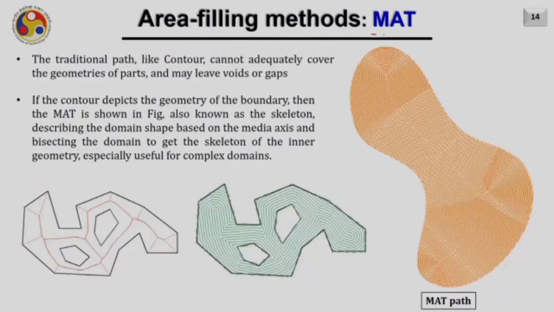MAT stands for median axis transformation. The traditional paths like contour parallel are not really adequate to cover the geometries of the part and may leave some voids or gaps, like we have already seen.